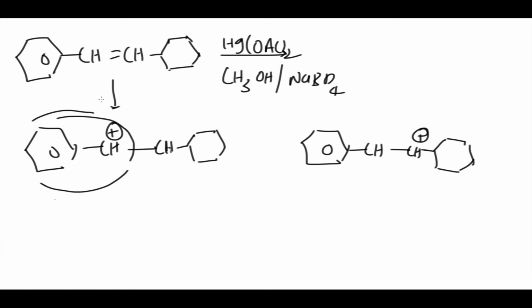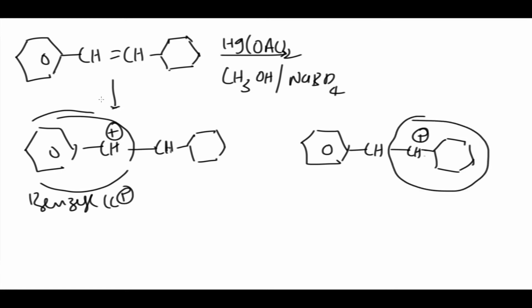This is a benzyl carbocation. This is a cyclohexyl one, which is showing only hyperconjugation with one hydrogen. Out of these 1 and 2, if you check the stability, 1 is greater than 2. So if 1 is greater than 2, then this is the nucleophile.